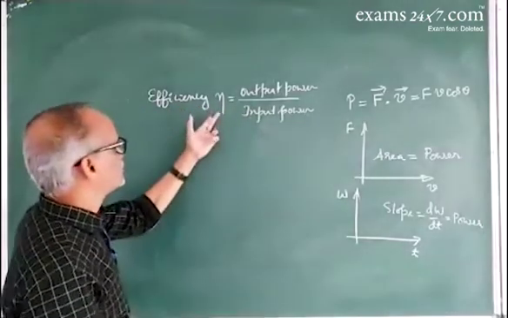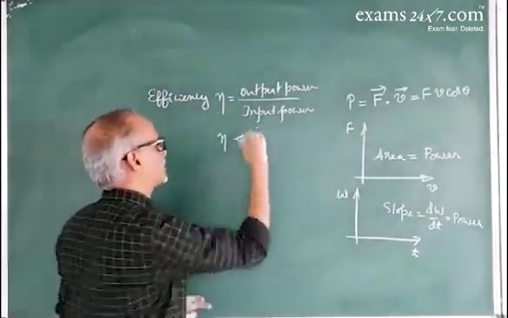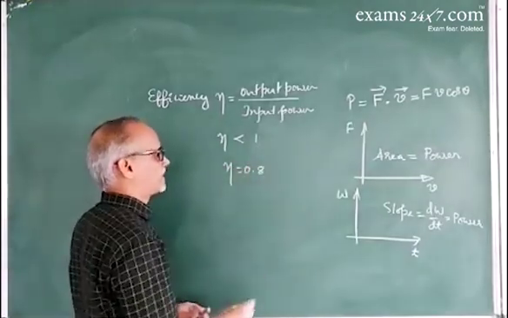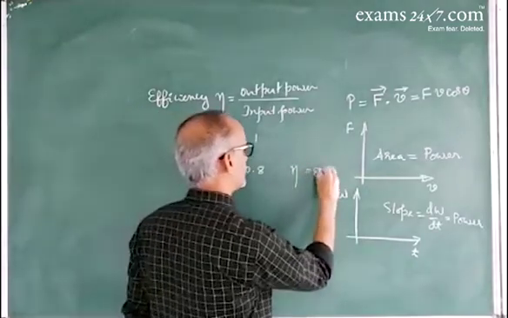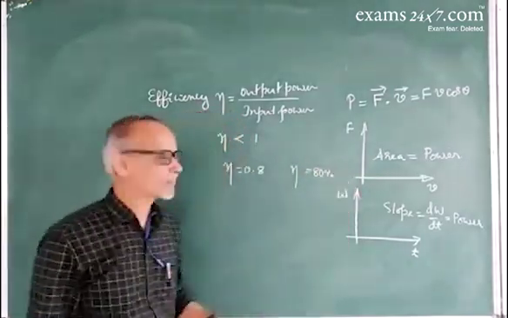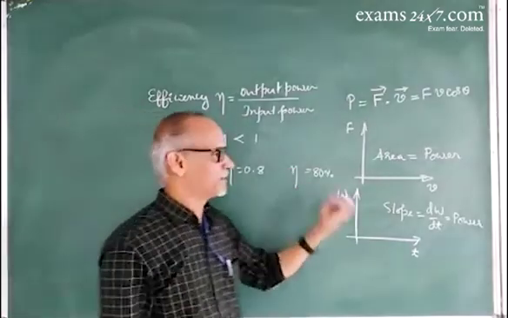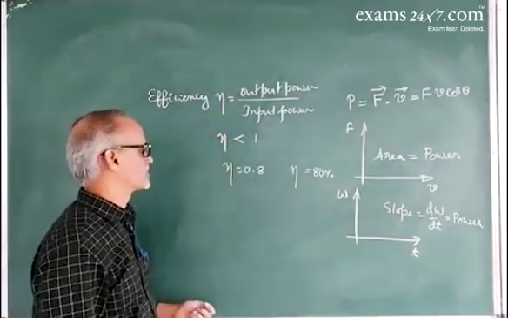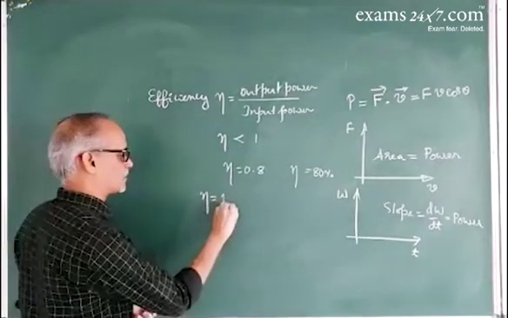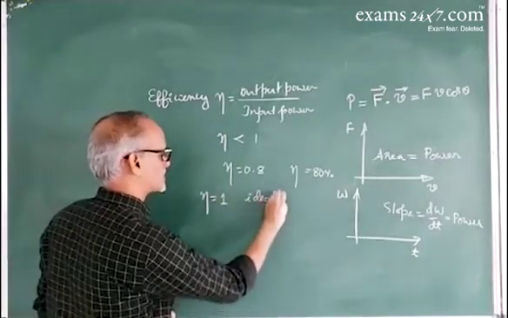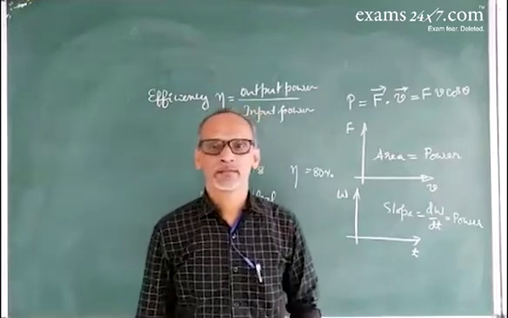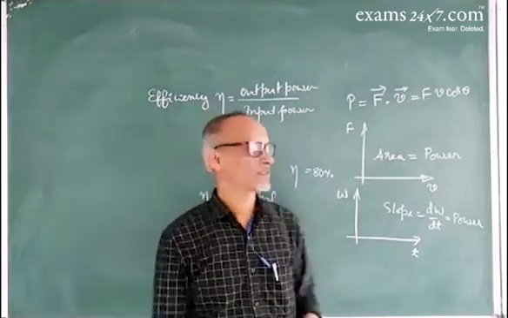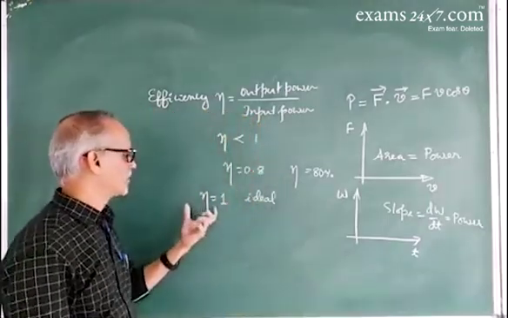So the efficiency of the device is always lesser than 1. If efficiency is 0.8, then in terms of percentage, it is equal to 80%. What that signifies is 20% of the power is lost in various other forms. And if eta is equal to 1, we consider that device as ideal. So we have an ideal heat engine, ideal motor, ideal transformer, for which we consider efficiency equal to 1.